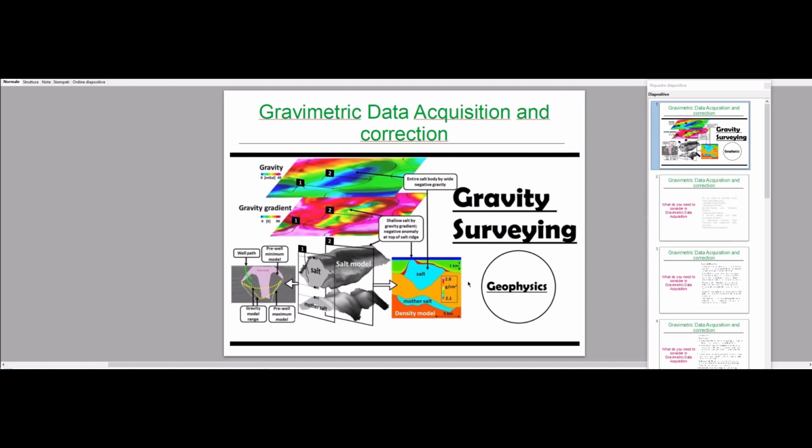So we also have to create a density model with salt and model salt. We also have to integrate this model with seismic reflection data to correlate the seismic interpretation with the seismic model to the other geophysical data like gravity survey.